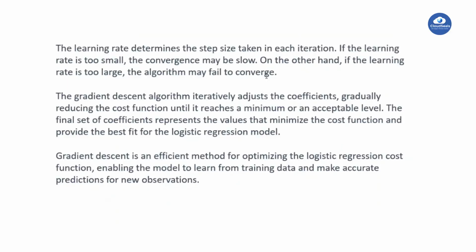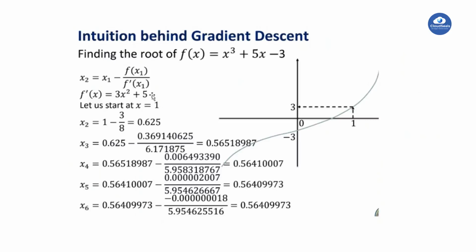If the first assumed value is correct, that means we are able to minimize the function. If the randomly selected coefficients are not correct, the cost function won't be reduced, so we'll again randomly assume other coefficients.